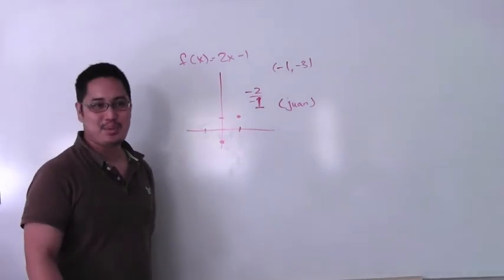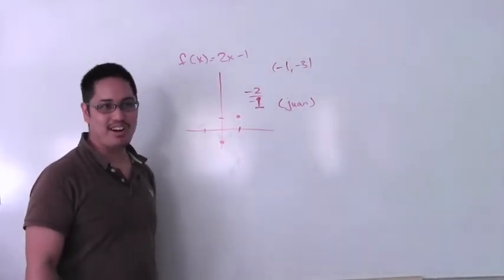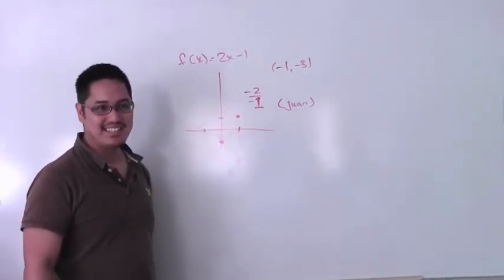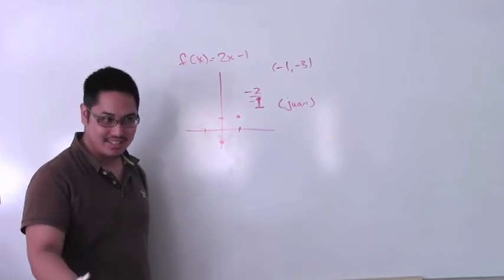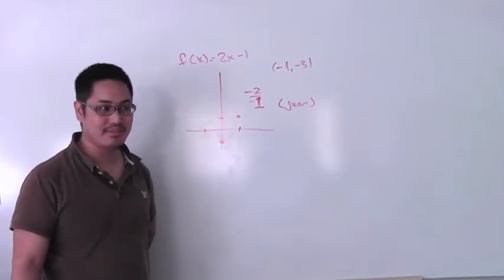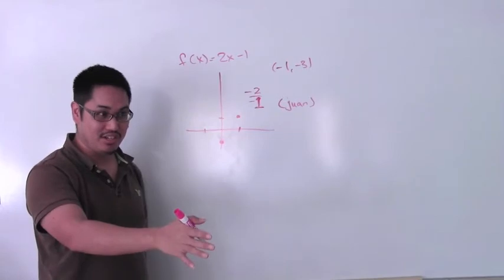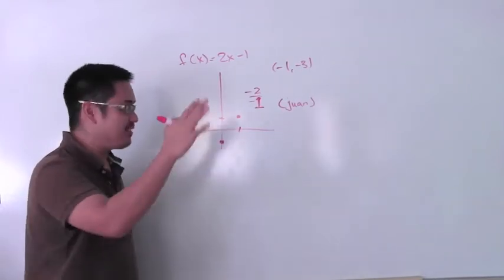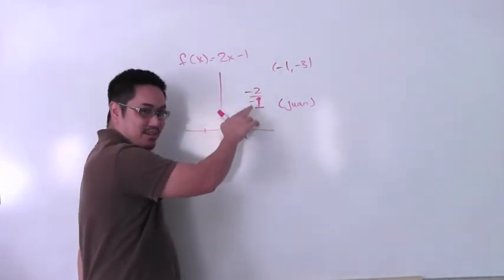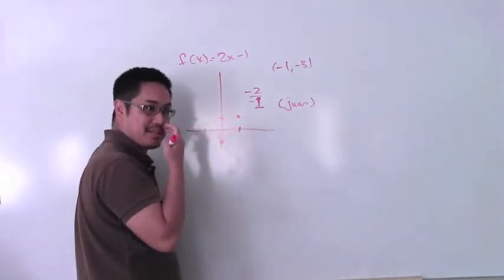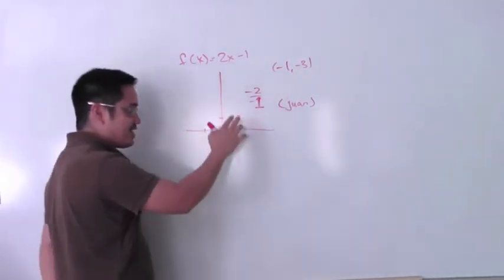What's a negative divided by a negative? A positive. So negative 2 divided by negative 1 is positive 2.